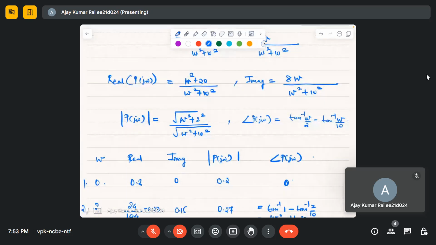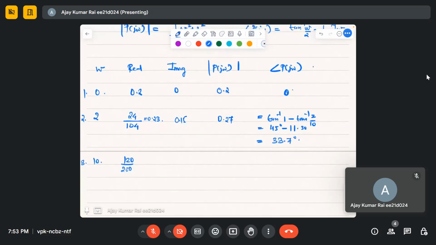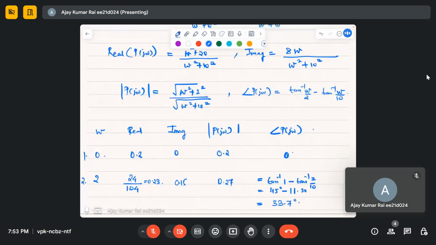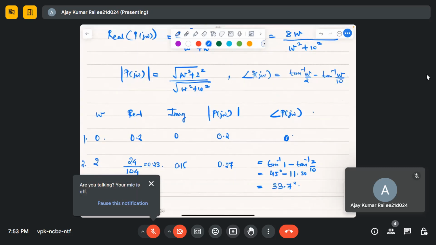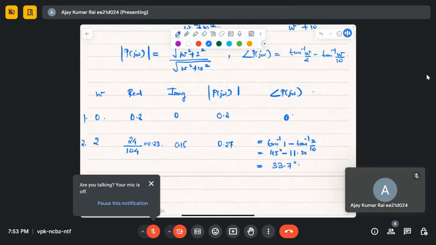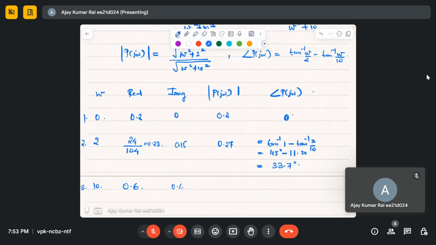So 0.6. What is the imaginary part? 8 into 10, 80 by 200, so 0.4, right? So what is the magnitude? Root of 0.6 square plus 0.4 square.